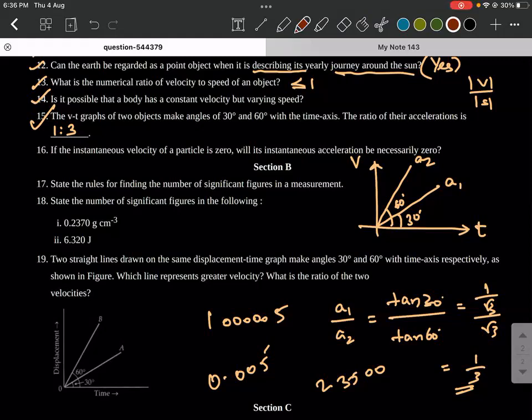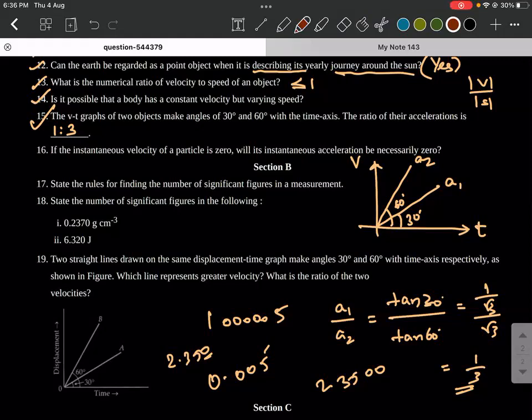They are insignificant. So whenever you have the zeros after a non-zero value in a non-decimal number, they become insignificant. Whereas in 2.350, the zero after the non-zero value in a decimal value is significant. So these are all the rules that we need to follow.